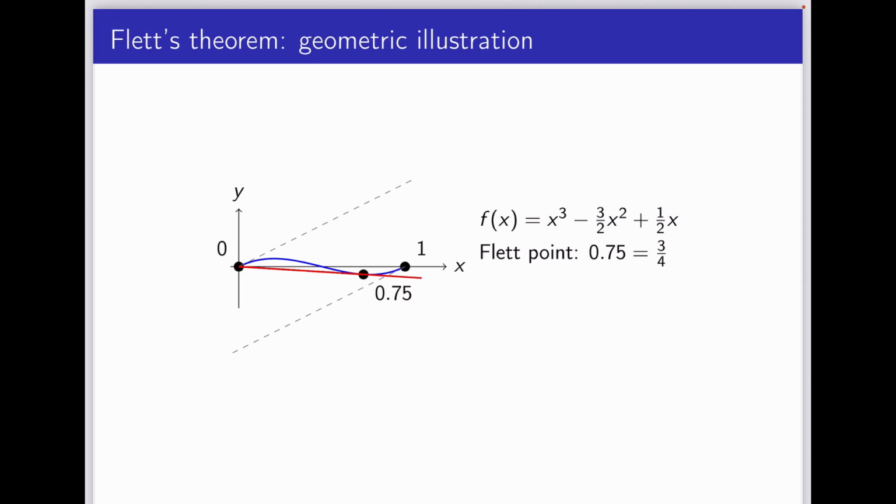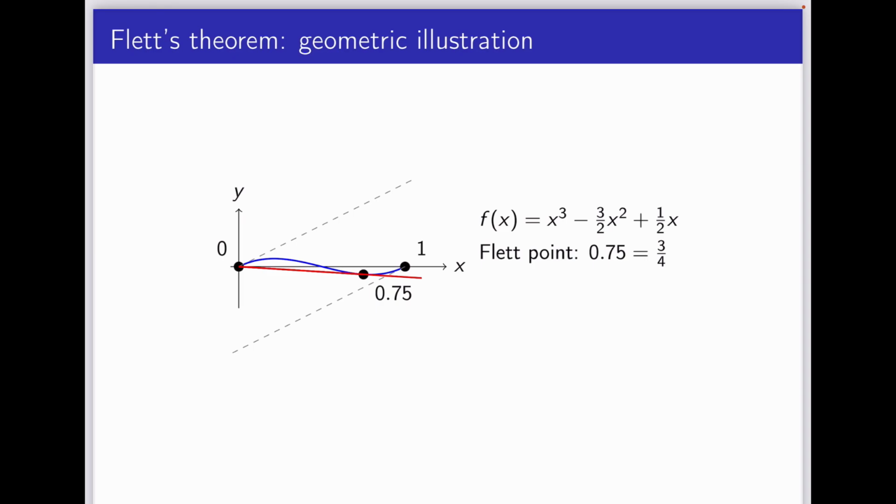We are looking at this cubic function x cubed minus 3 by 2 x squared plus half x, whose derivative is 3x squared minus 3x plus half. If you put x equal to 0, you get f prime at 0 as half. If you put x equal to 1 in the derivative, you would get again half.